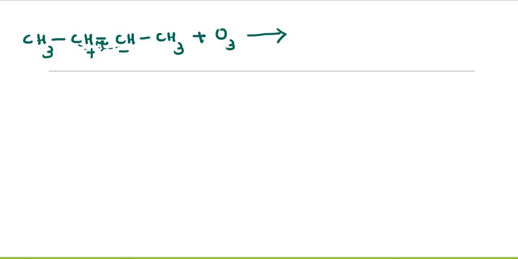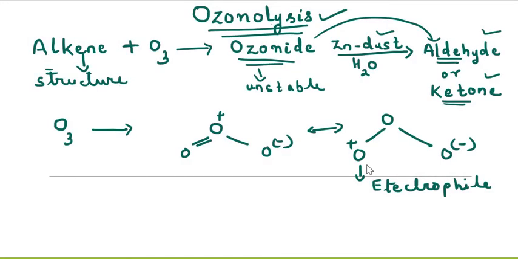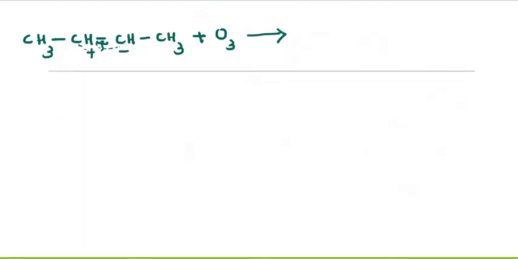So when this ozone attacks, we know that in this case there is a positive oxygen and a negative oxygen. So the negative oxygen will attack this carbon and the positive oxygen, or the electrophile, will get attached to this one. So instead of O3, we can write it in a similar way as we have represented.